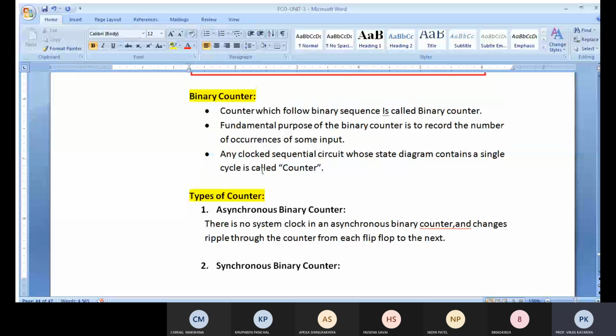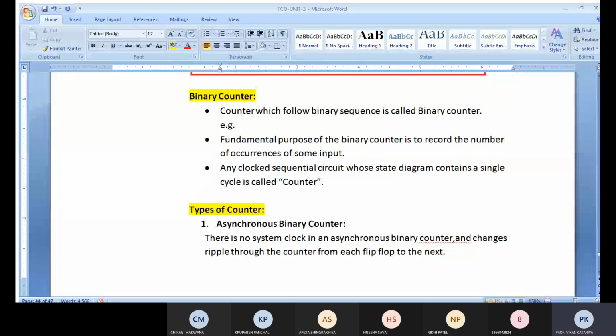As I told you, it is a counter designed for generating binary sequences only. We can understand with an example, like a 2-bit counter. That 2-bit counter contains a total number of states of 2 raised to the power 2, that is 4.